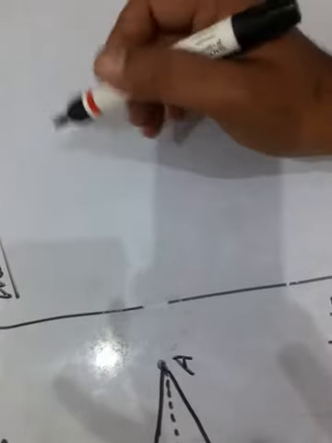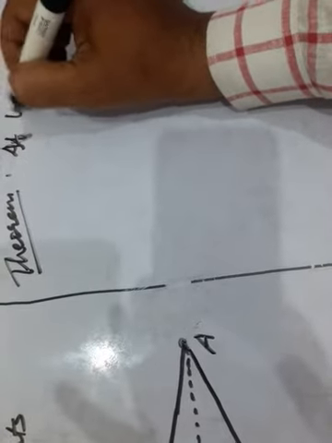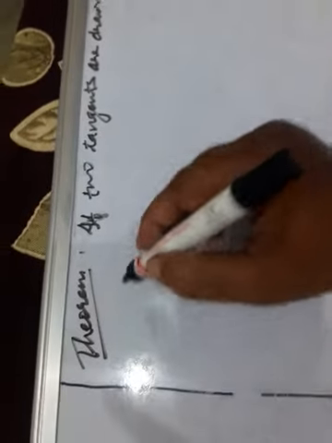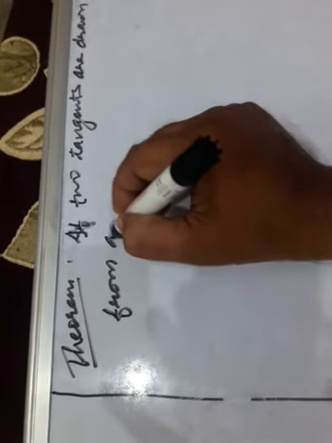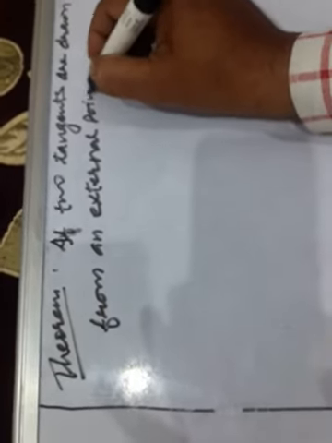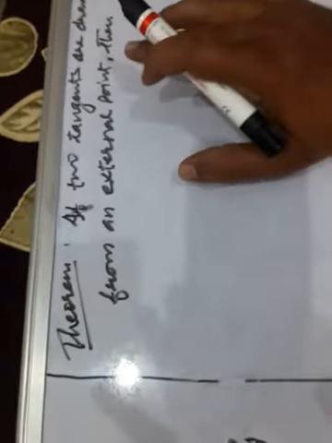That is, if two tangents are drawn from an external point, then this, see, if two tangents are drawn from an external point, let us draw the tangents.